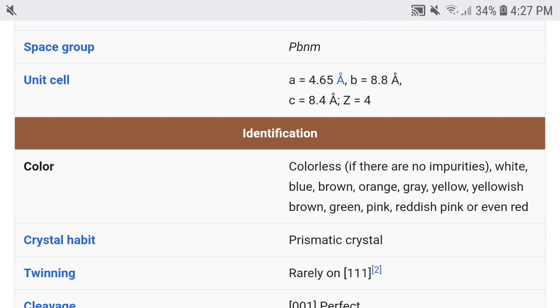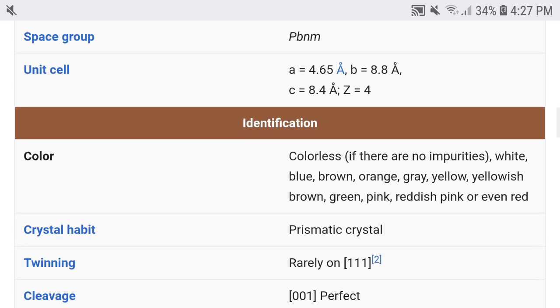It just means that anything here that makes color is pretty much the impurities. If it's a pure crystal, then it's probably colorless. It's mentioned here, right? If there is no impurity, it's colorless. But if there is a trace of impurities of some type of elements or atoms, then it might change its color.